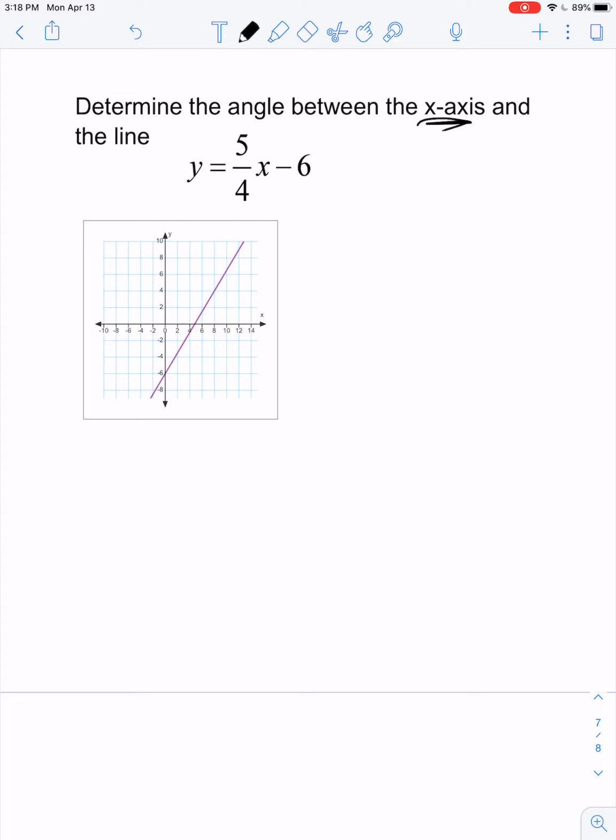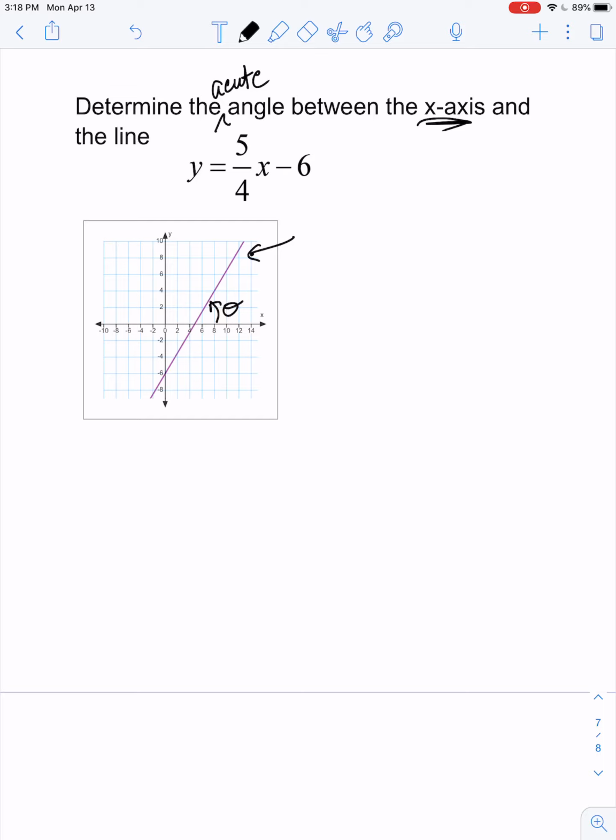So here is the line y equals 5/4 x minus 6. We're looking for this angle right here. That's theta. We could do both angles, but right now we're just going to do the acute angle between the x-axis and that line.